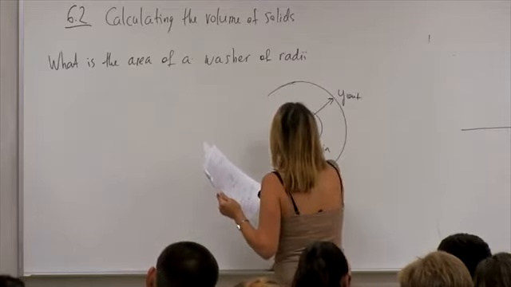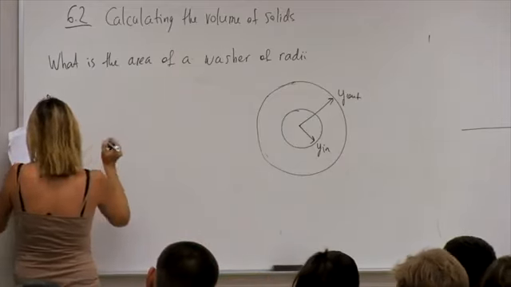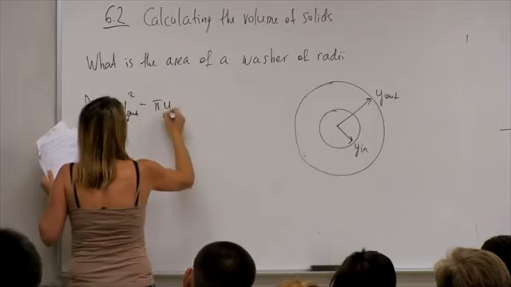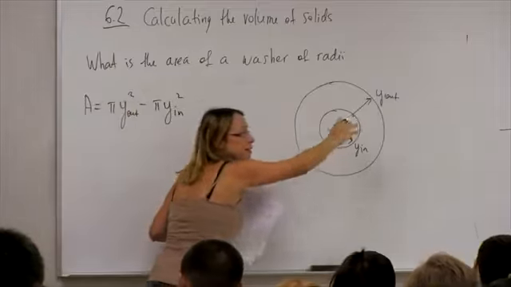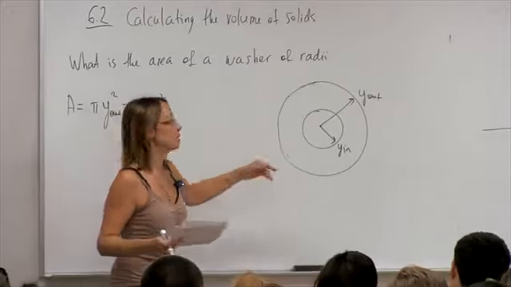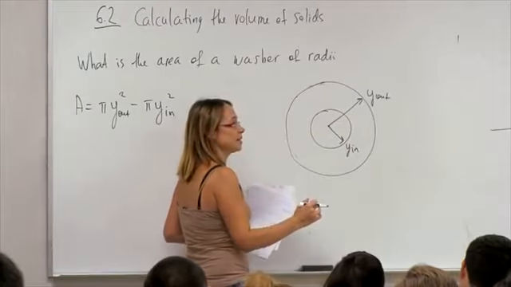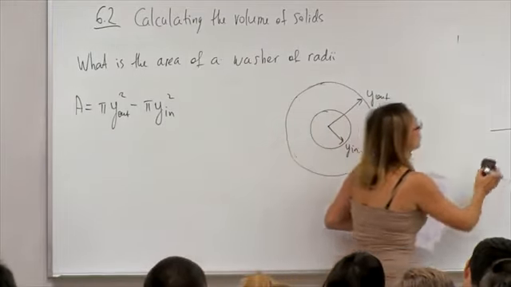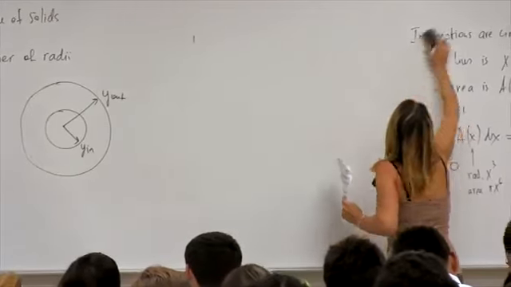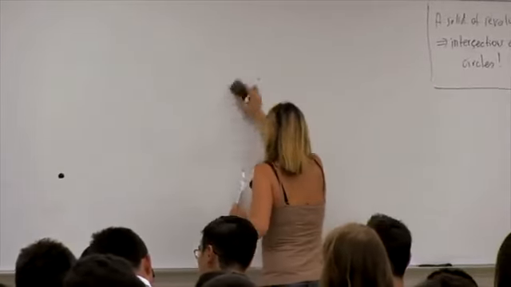So the area is given by, of course, pi y out squared minus pi y in squared. I take the whole area and I take out the area of the hole in the middle, right? The hole of the donut gets subtracted, okay? So what I'm after here is the areas of the cross sections, and I have to figure out the inner and the outer radii of the washers, given that solid.